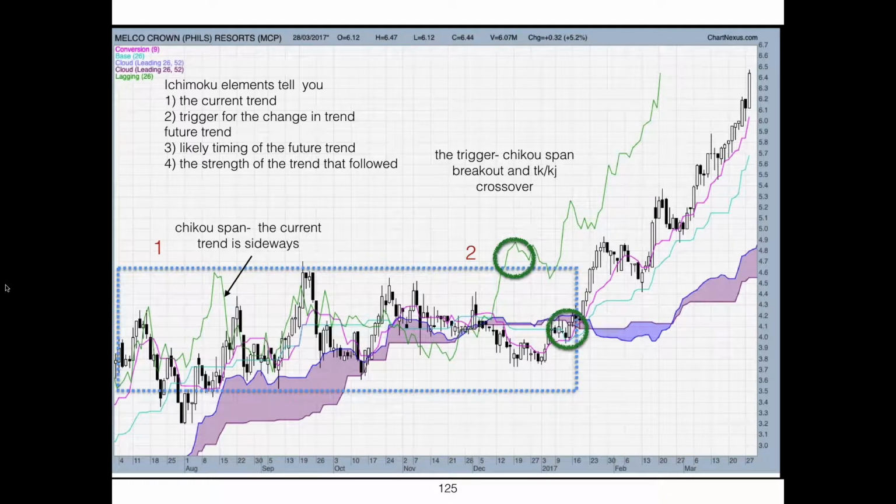The trigger for the change in trend is a breakout and the TK-KJ crossover. Third, the likely timing of the future trend is shown by the Kumo twist. It also gave you the timing. If you look below, you would know that the timing for that uptrend is in late February.